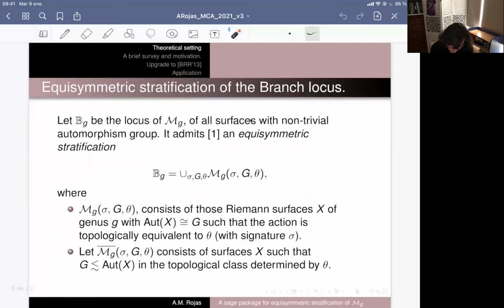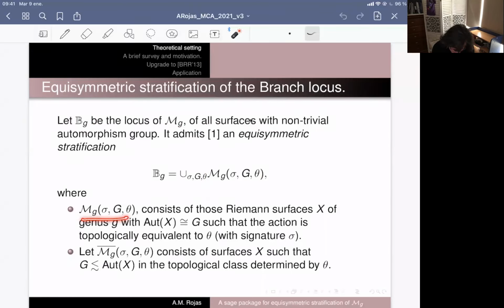So what is equisymmetric stratification? Well, it was a concept that goes back to Harvey, Macbeth, and more recently, in the 19th, Broughton, who described that the branch locus of MG has an equisymmetric stratification. The branch locus corresponds to the surfaces with non-trivial automorphism group, and you can stratify it by these kinds of sets.